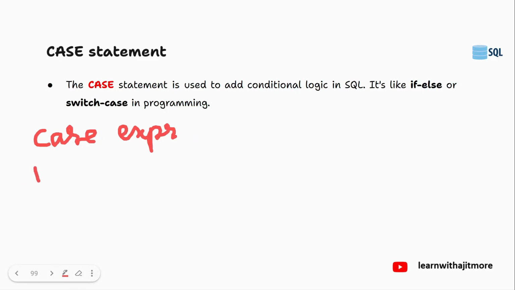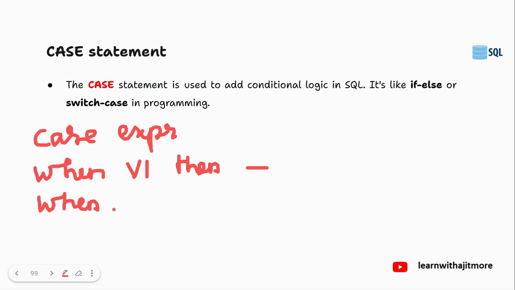And then you will write when value 1, then some action. When value 2, then some other action. Now, it's not necessary only two values. You can compare as many as you want, write as many as you need. And then else some action. And then end case.